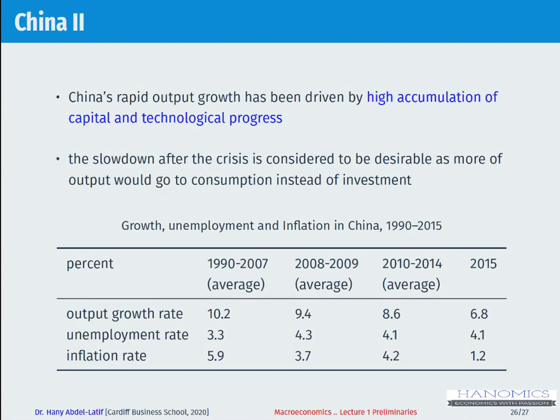So if we follow the same set of indicators, when we look at the growth rate, look at how the growth rate was 1990 to 2007, 10% growth rate. This is a massive growth rate. This is average. Okay, so it was an incredible growth rate. Even during the crisis, I said it slowed a little bit, but it was growing.